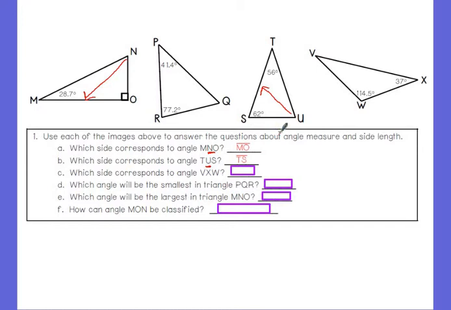C says which side corresponds to the angle VXW. So I'm looking at this triangle. X is in the middle, and it asks what side is corresponding. So I need to go across. Line VW or WV would correspond to that angle.